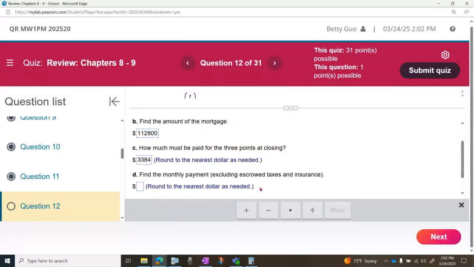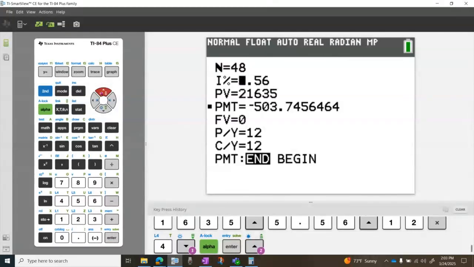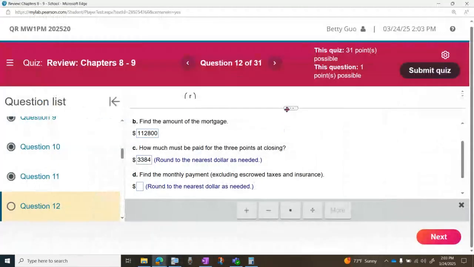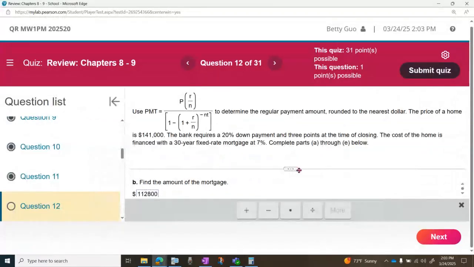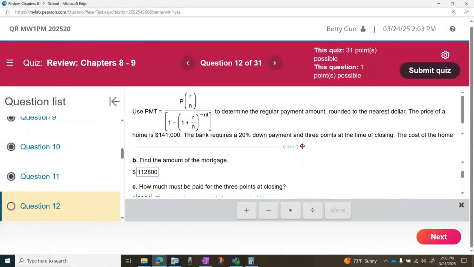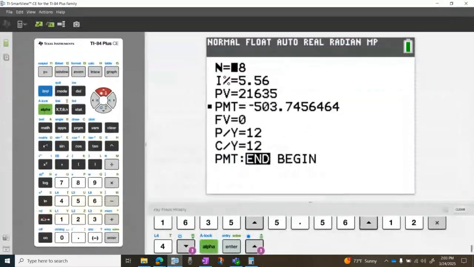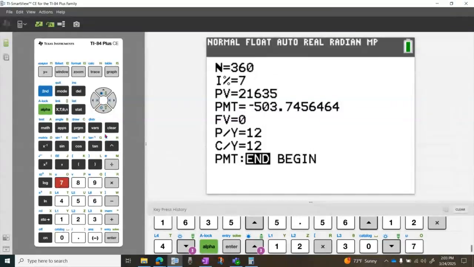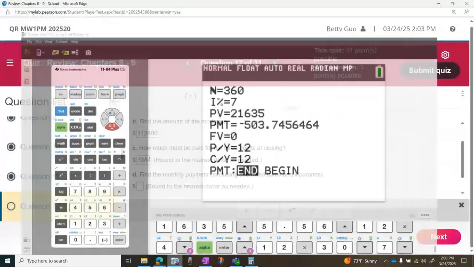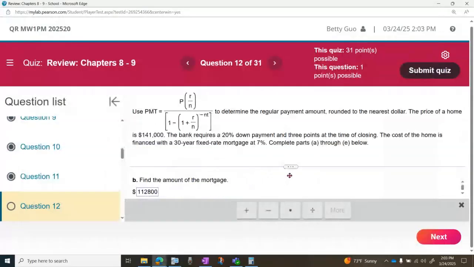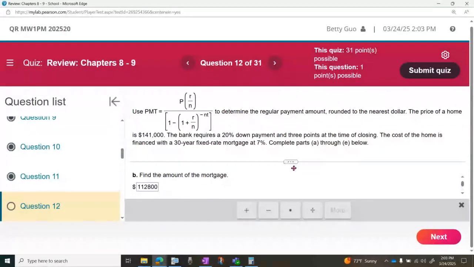Find the monthly payment. We're going to use a calculator for that. Let's see how many years this loan is. 30 years. So here is 12 times 30. The rate is 7%. Let me double check. Yeah, 7%.